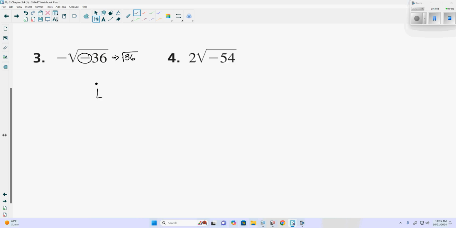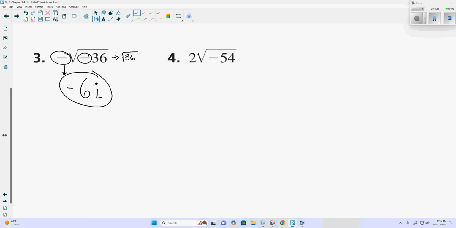And what is the square root of 36? 6. Yep. So it would indeed be negative 6i, because the negative out front of the radical still stays. There's nothing changing it, so it's still part of our answer.